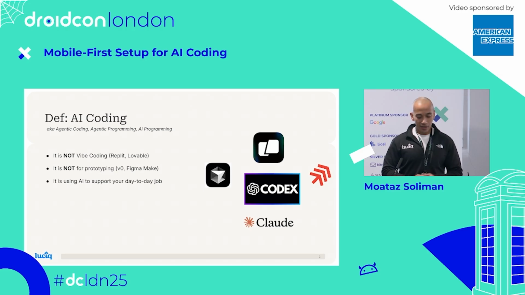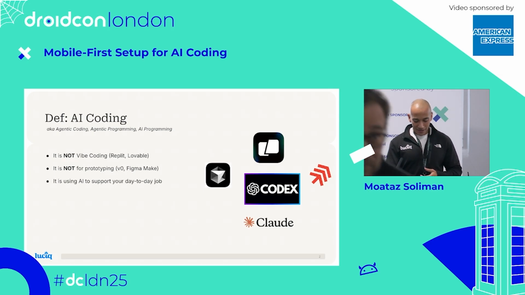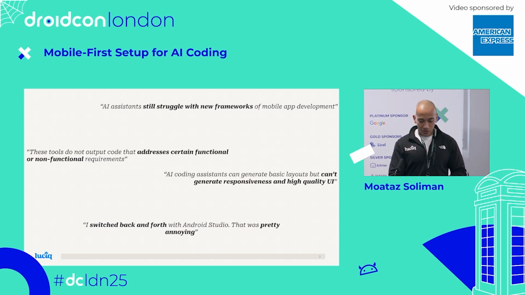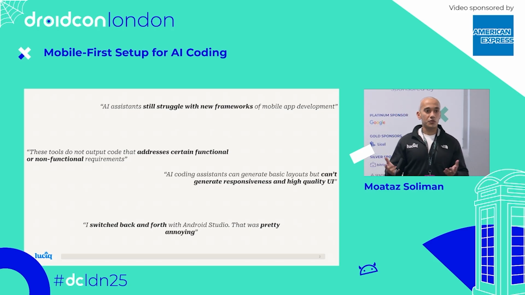In fact, there was a recent survey done for one of the biggest mobile communities, and their feedback was actually very similar to that. I captured a couple of the comments here. The first comment says that it still struggles with new frameworks of mobile development, which makes sense.